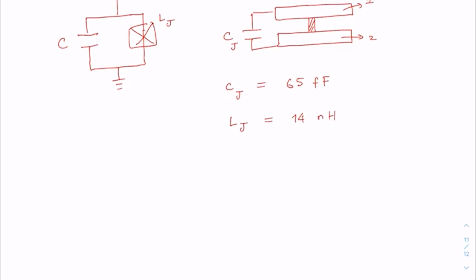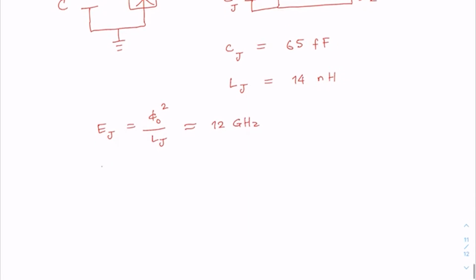And then if you do the calculation, it turns out that this corresponds to the Josephson energy Ej, which is phi naught square by Lj. It was around 12 gigahertz, and on the other hand the charging energy Ec, which is q square by twice c, turns out to be around 0.3 gigahertz.